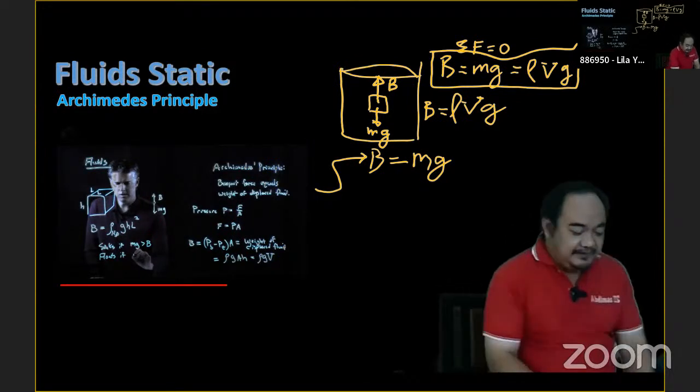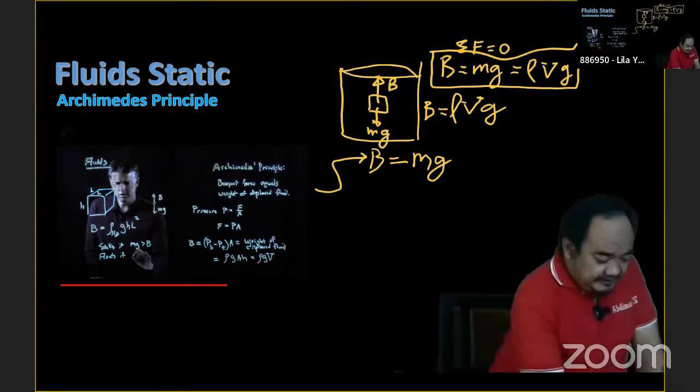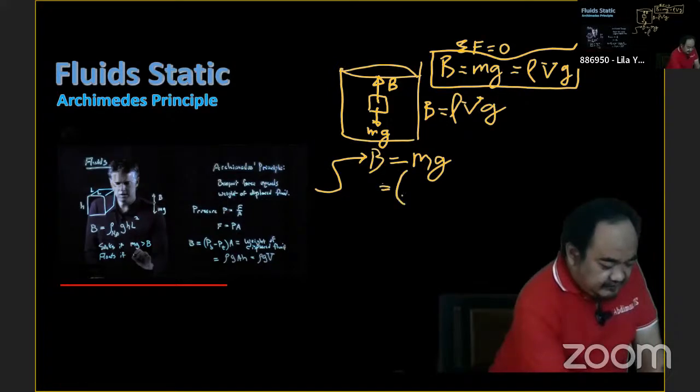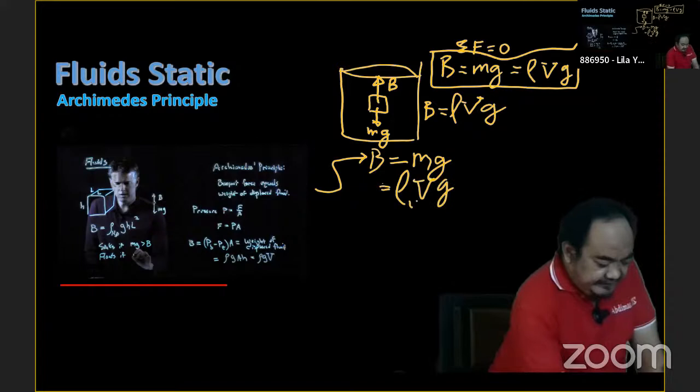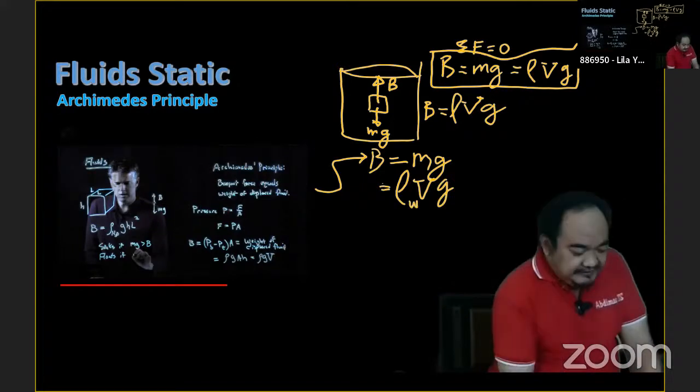Furthermore, because it depends on the weight of the fluid, m here can be expressed as rho times the volume times g. This is rho water, and the volume of water that is displaced.